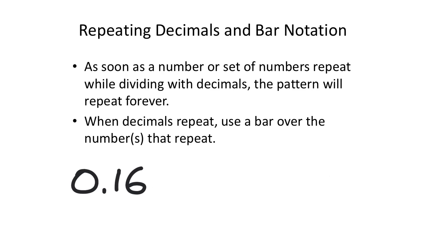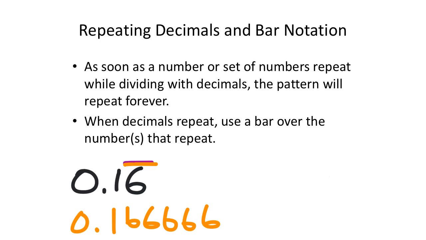Well, they created this bar notation where if we put a bar above the number or numbers that do repeat, then we get to assume that it does repeat. And that's why it's called bar notation. It's just a bar, okay? So this, what I've written here with 0.16 bar, is the same as getting that answer that we had with 0.16, and then the 6s repeat forever and ever, okay?